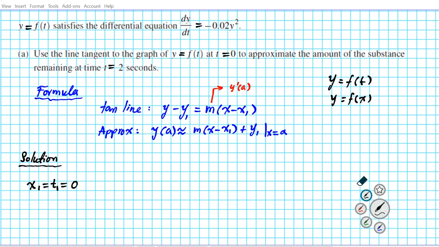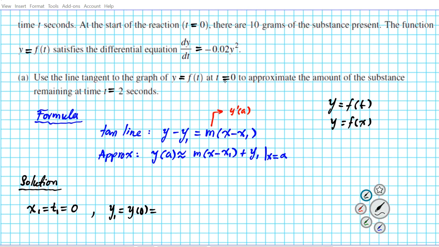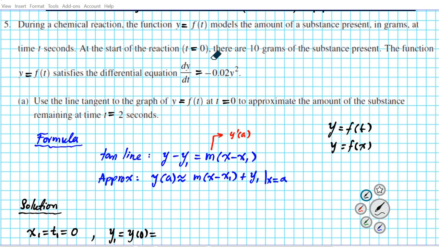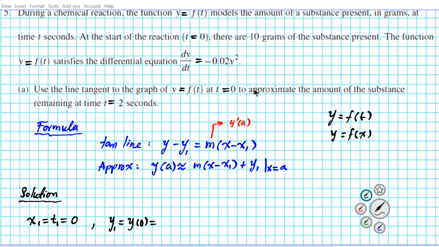And then our y1 is basically the function evaluated at that particular t1 value, which is y of 0, and we're told that at time t equals 0 seconds, there are 10 grams.